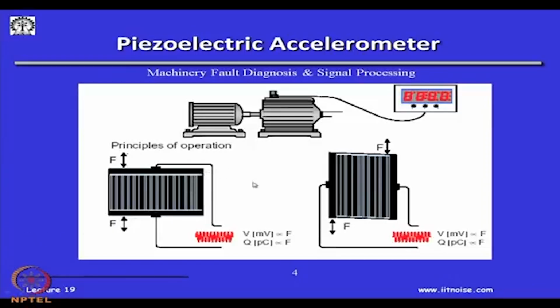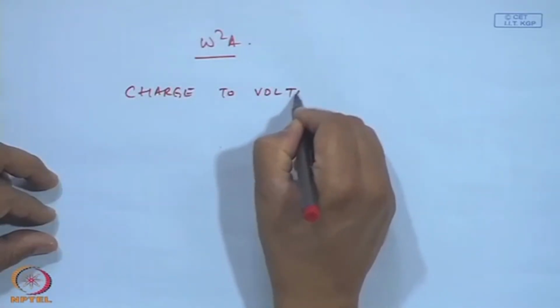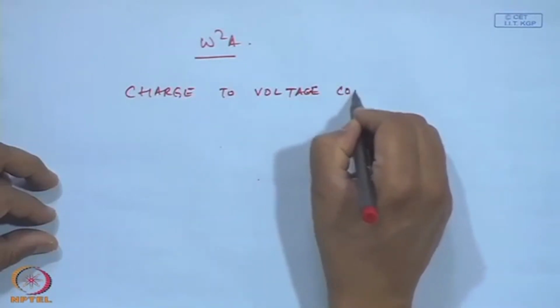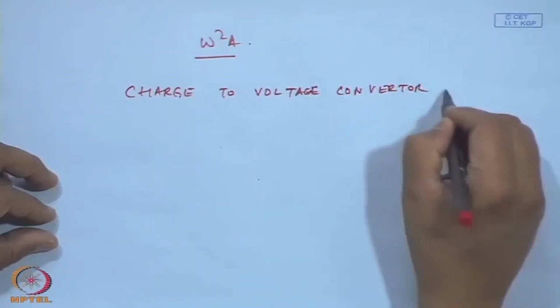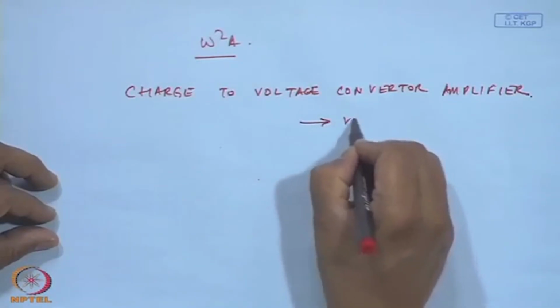Essentially, if I put piezoelectric crystals in this form and either compress them or shear them, they are going to generate a force, and this force is responsible for generating the charge Q. This charge can be converted to a voltage with a suitable charge to voltage converter amplifier, and basically I will get the voltage signal.